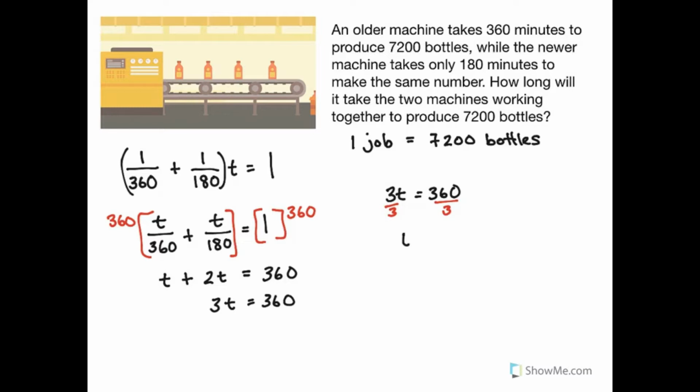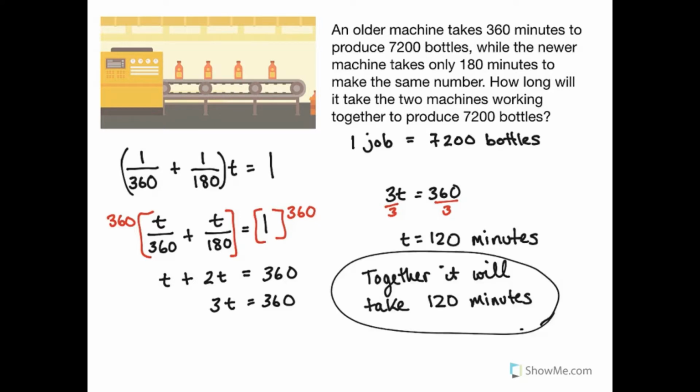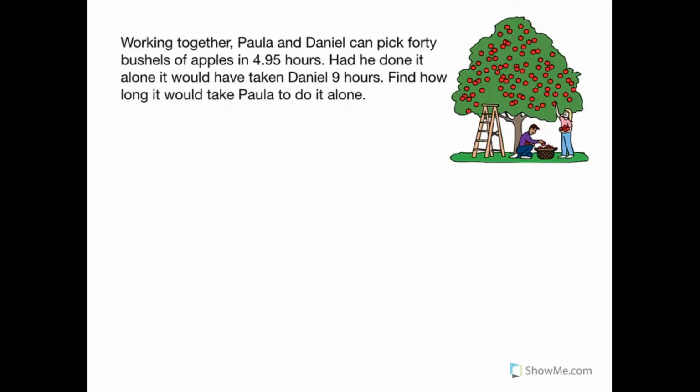So when I divide by 3, I find t equals 120. That means both machines working together can finish that job in 120 minutes. And notice that it's less than both 360 and 180.